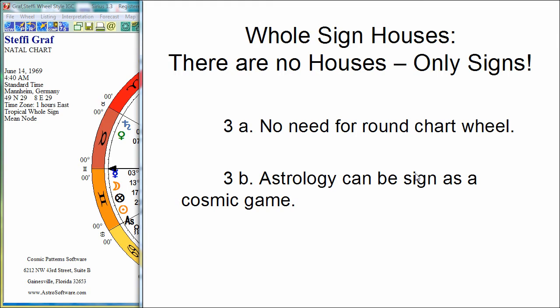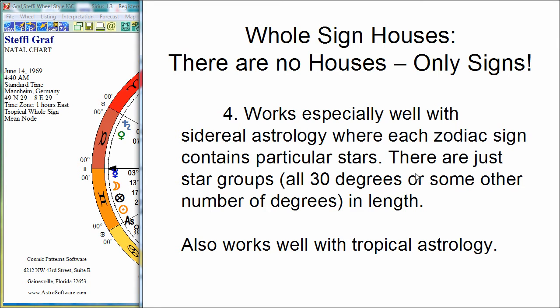How you draw your wheel, how you look at things, the methods you use. You have these nice, neat little boxes that everything fits into, and you have just one concept, signs, and all the ways that the different zodiac signs are related to each other. And lastly, I want to mention that whole sign houses is a really nice idea with sidereal astrology. And of course, Vedic astrology generally uses the sidereal zodiac because each sign is some specific group of stars.